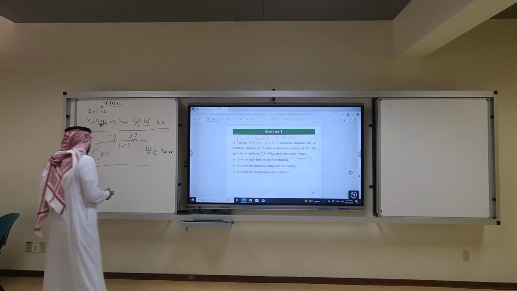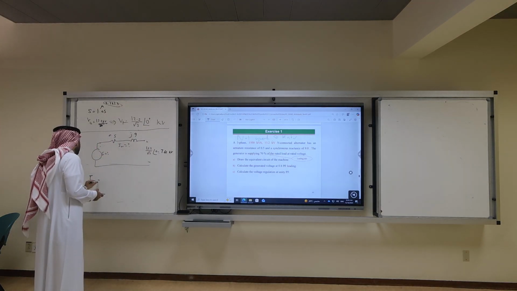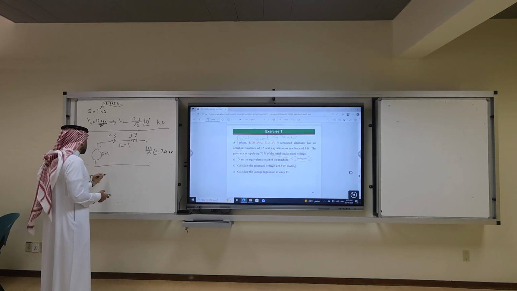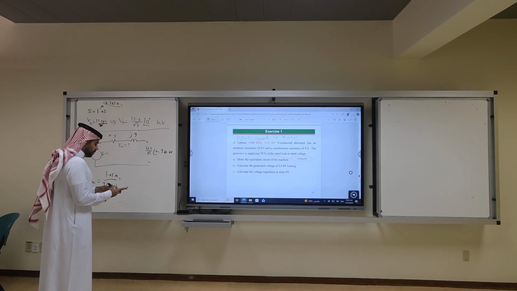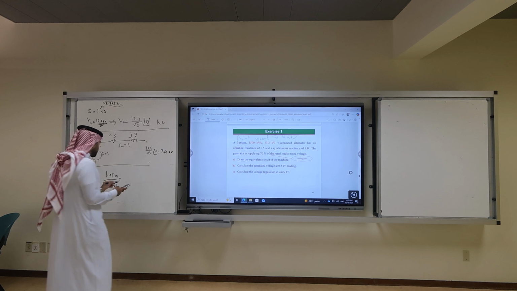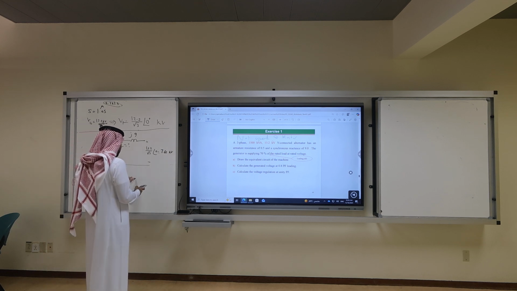So what is IA? Using the same equation, it is S operated, which is 1.05 over 3 times 7.62 kilo. So 1.05 mega divided by 3 times 7.62, you should get the current to be 45.93 amps.